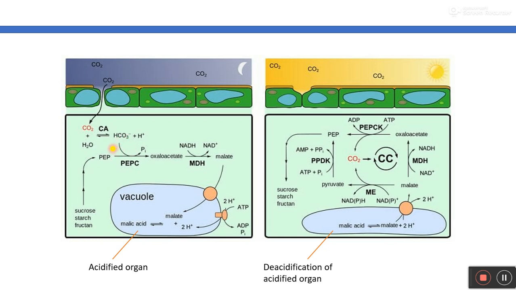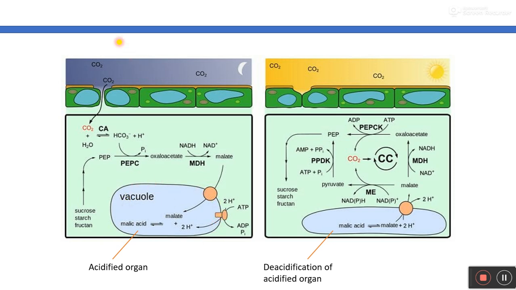This bicarbonate is generally accepted by a 3 carbon compound, that is phosphoenol pyruvate, and in the presence of the enzyme phosphoenol pyruvate carboxylase, it converts into oxaloacetic acid. Now this oxaloacetic acid is reduced to malate at the expense of 1 NADH and in the presence of the enzyme malate dehydrogenase, and this malate then diffuses into vacuoles, where it remains in accumulated form.